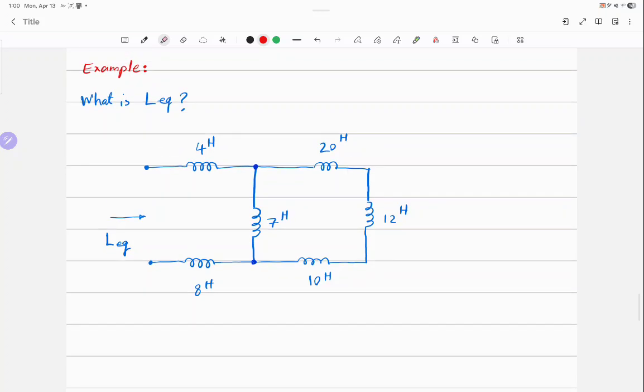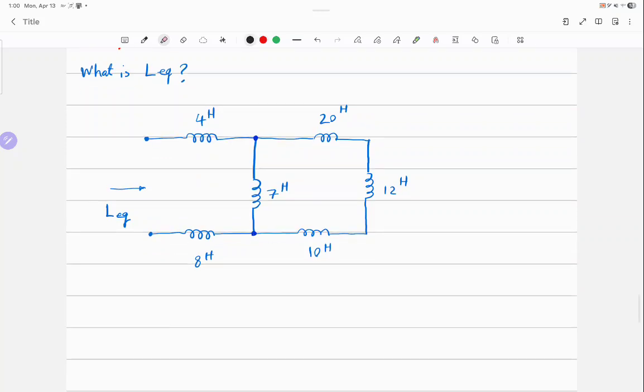Just so you're following what it means, give me the equivalent inductance of this circuit. I don't need the value, just tell me what to write. Where do you start from? The right.